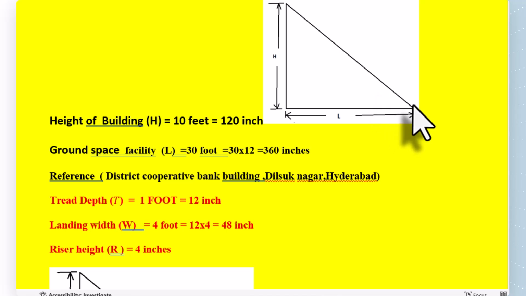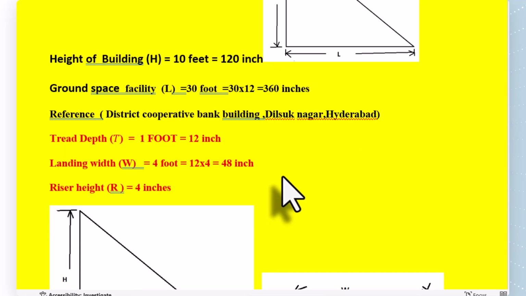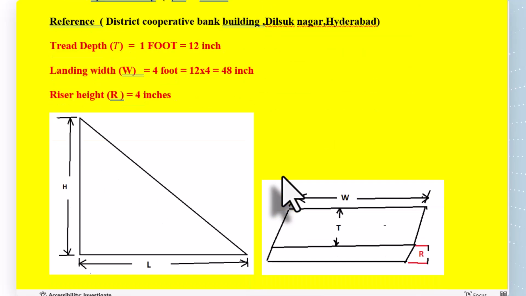This reference height of the building and ground space facility will vary from one building to the other. Taking these as variables, we can calculate the height of the step and how many steps, meaning how many risers, are required.